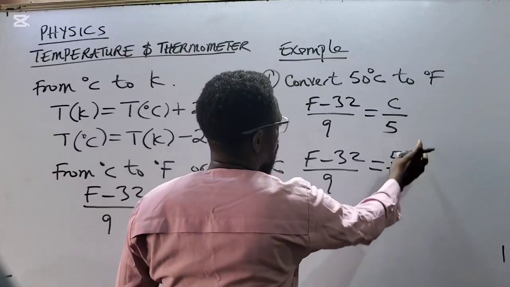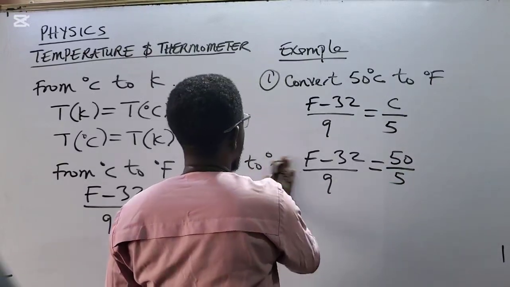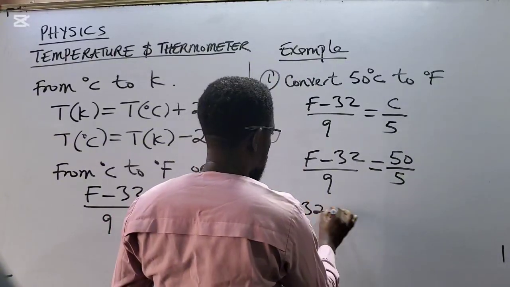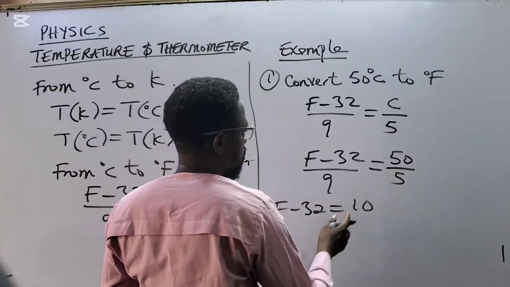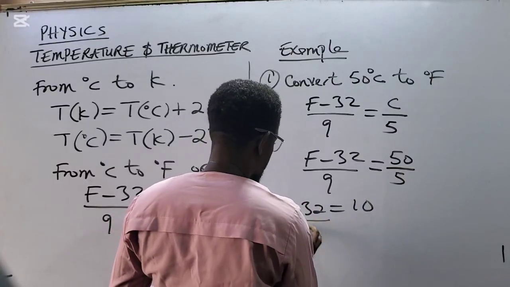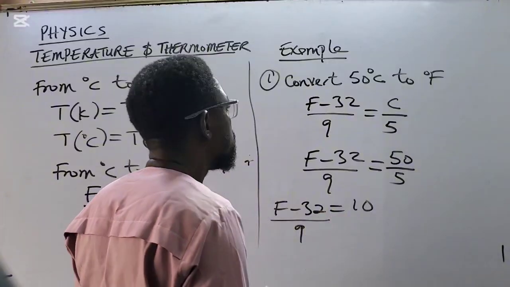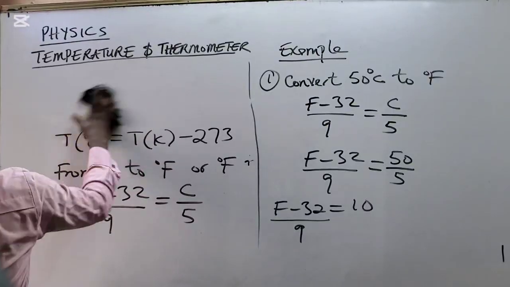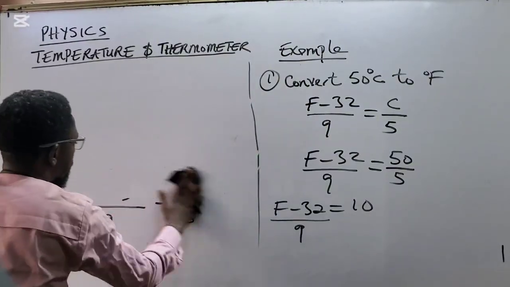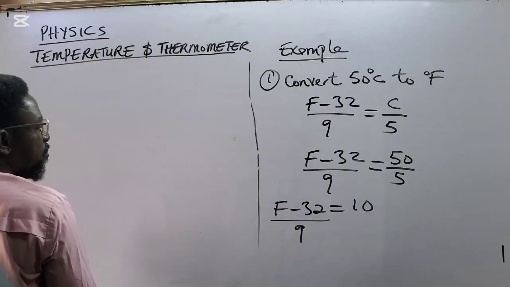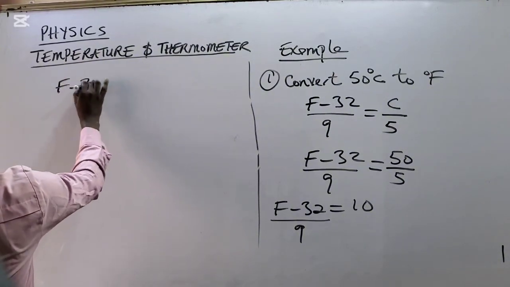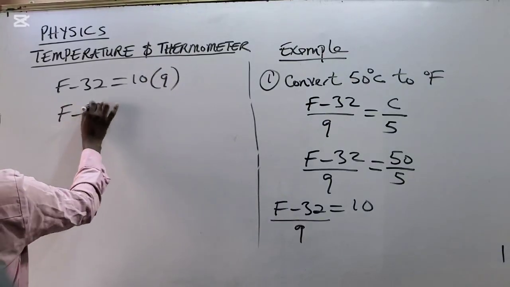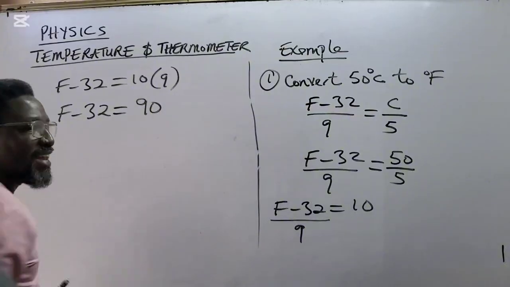Then we divide: 50 by 5 will give us 10. So this will give us (F minus 32)/9 equals 10. Then if I cross multiply, we'll get F minus 32 equals 10 times 9, so F minus 32 equals 90.